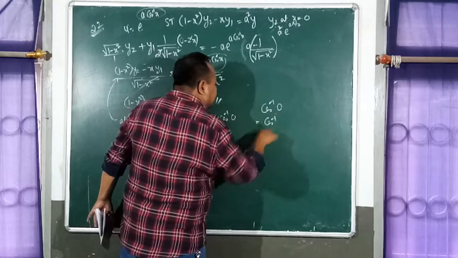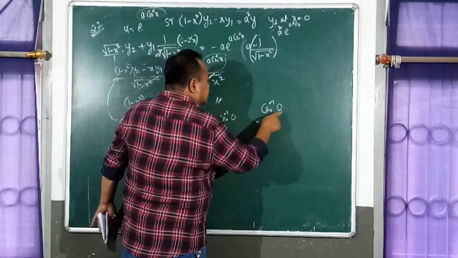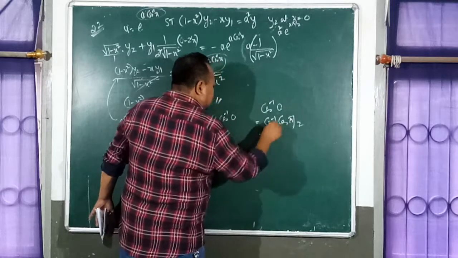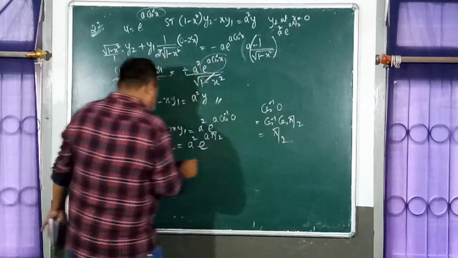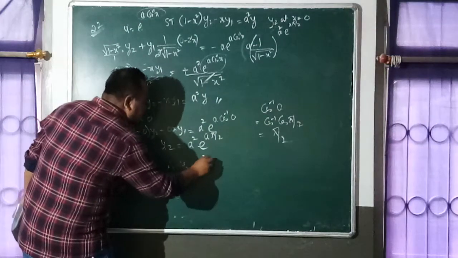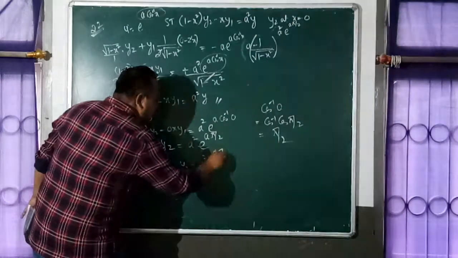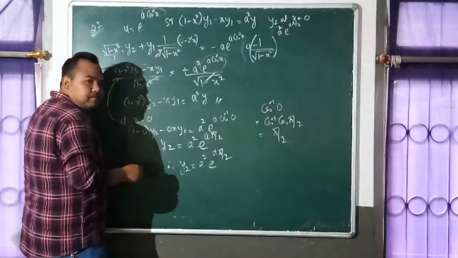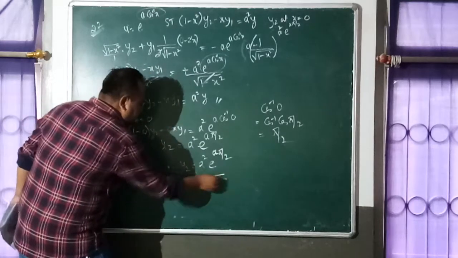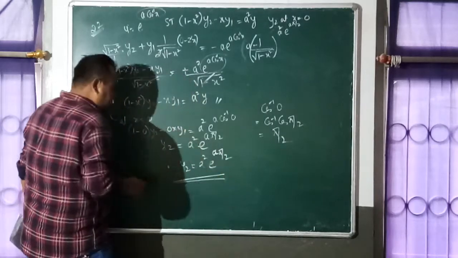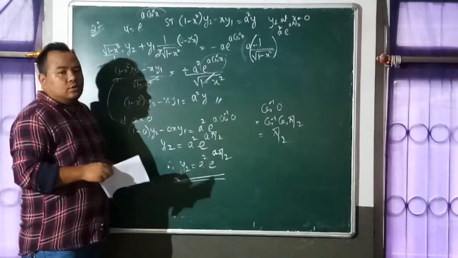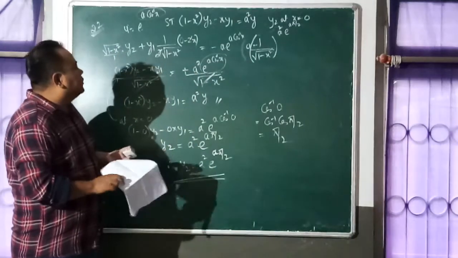If I want to remove this cos inverse, then this also has to be cos. So cos 90 is 0, cos and cos get cancelled, so pi by 2. Therefore, the value of y2 is equal to a square e to the power a pi by 2. So just go through the solution.